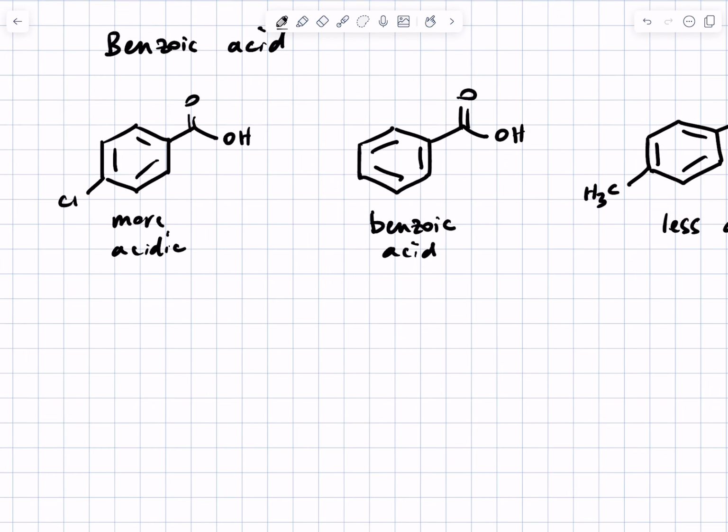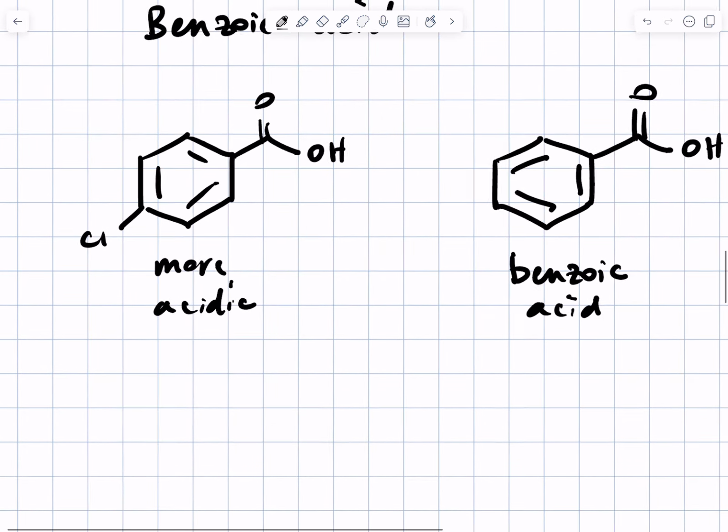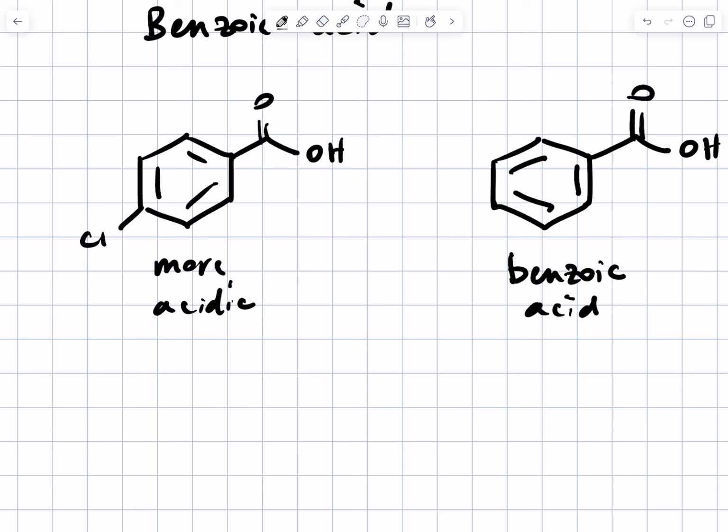The reason for this is a little complicated, but we can reason it through this way. First, understand that a benzene ring is composed of sp2 hybridized carbons, which are more electronegative than sp3 hybridized carbons. So you might imagine that this benzene ring itself could be pulling electron density away from the carbonyl carbon.